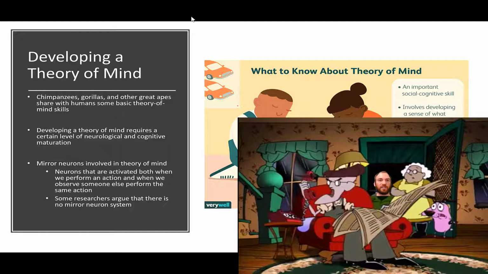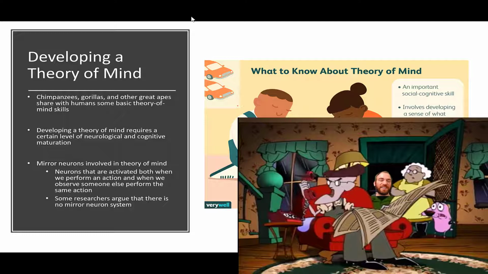The implication here is that by me watching you do something, it activates the same neurological processes in me, thus giving me this empathy, thus giving me this higher level of social cognition necessary to exist as a human, as an ultra-social species participating in the world.